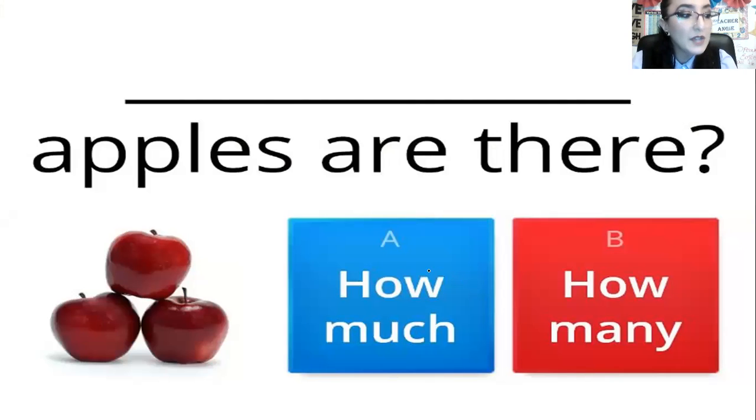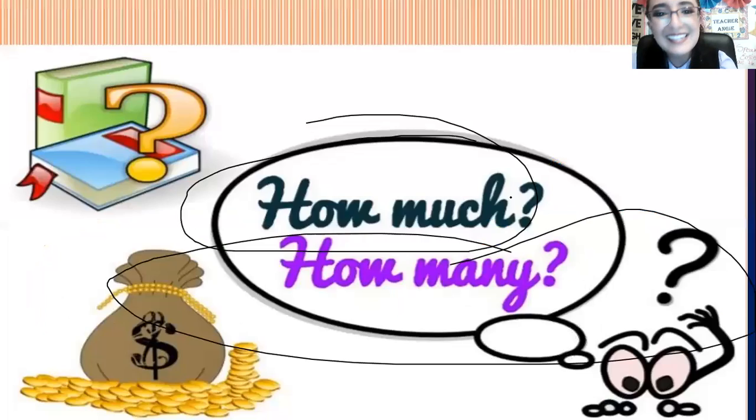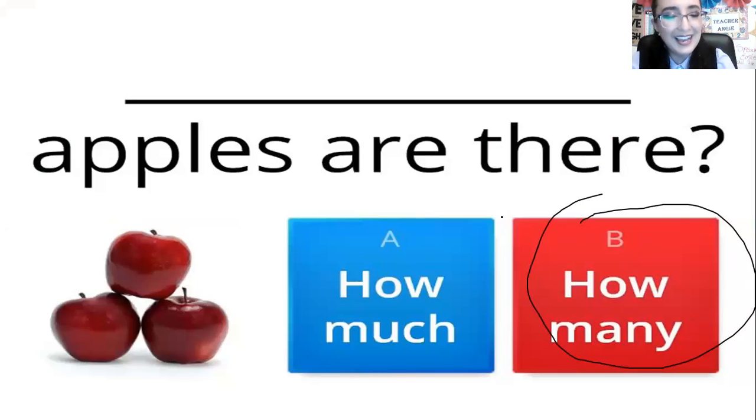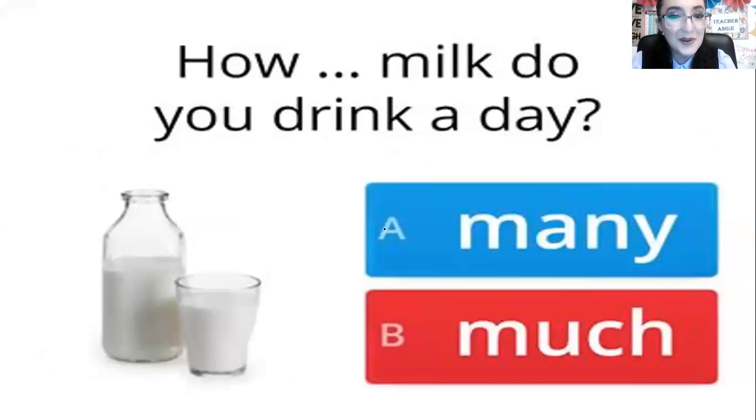Now, what could it be the answer for this one? Apples are there. How many? In this exercise, how much, how much, how much? But now we are having a lot of how many's. How many apples are there? There are 3 apples. Cool.